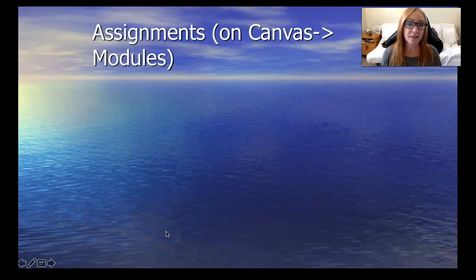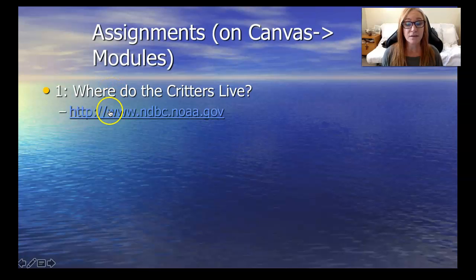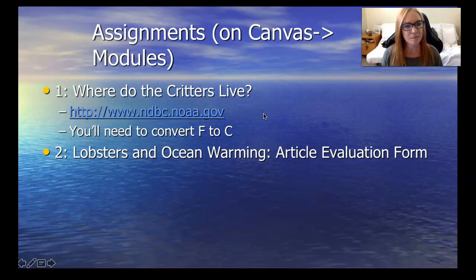You have a couple of assignments that I would like you to do this week. They are on Canvas in the module. I'm going to stack this at the top of the modules with some links. Your first assignment is where do the critters live? There is a link. I will make another video in the assignment page to show you how to run that. You'll need to do math. I'm sorry.